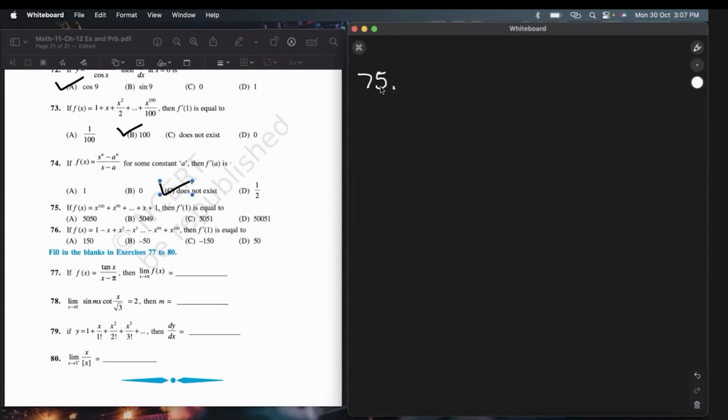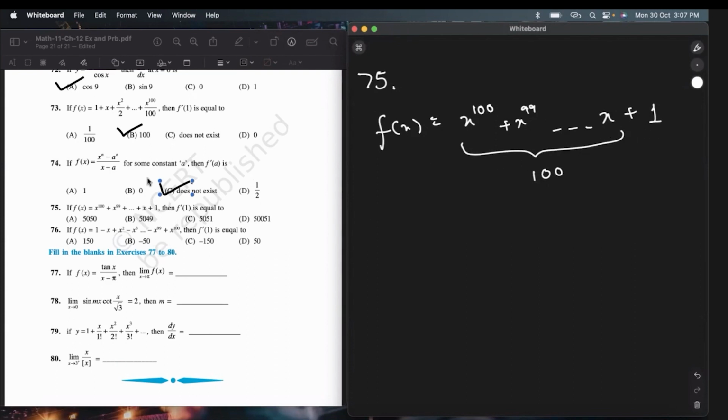So question number 75, it has been given to me that f(x) is equal to x raised to the power of 100 plus x raised to the power of 99, going till x plus 1. So these are 100 terms and there is an extra 1 over here. All right, are you getting this point?